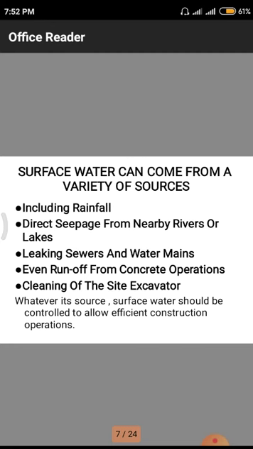First of all is the direct seepage from nearby rivers or lakes. What is meant by seepage? Normally the land has a huge amount of soil, and that soil is interlinked from one state to another, one village to another, and one city to another.